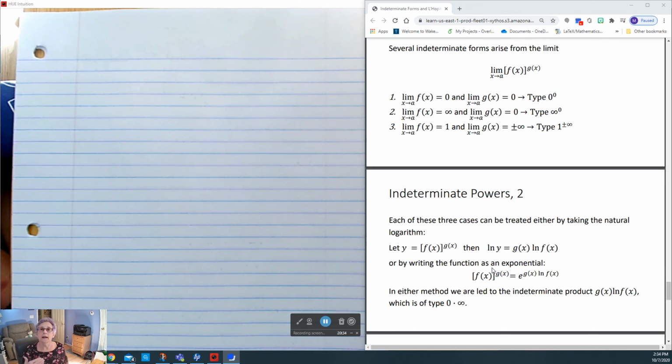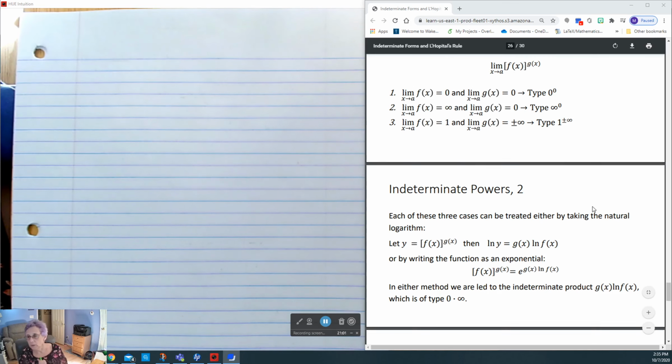rearrange it, and we're going to do something that's very similar to logarithmic differentiation. We're going to take the natural log so we can bring that exponent down. Then we'll use L'Hopital, but because we took the natural log, we're going to have to get our final answer by taking e to whatever answer we got when we took the limit of the natural log.